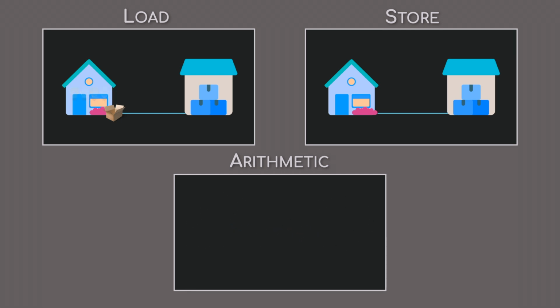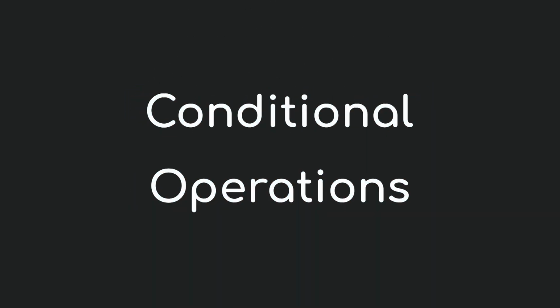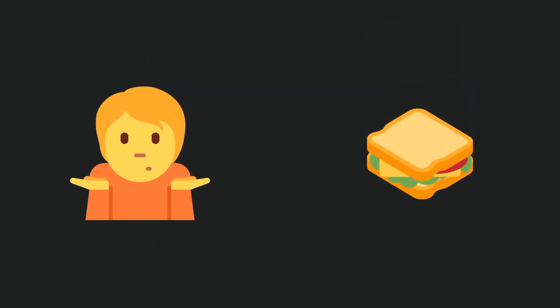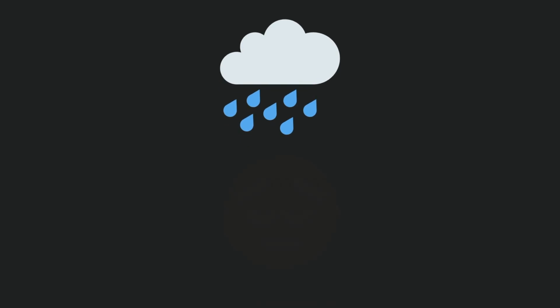There is one other type of operation that is required in addition to the load, store, and arithmetic operations we discussed so far. We also need the ability to decide what to do next based on a provided piece of information. The parallel to our daily lives would be conditional decisions, like, am I hungry? If so, then eat. Is it raining? If so, then bring a rain jacket.